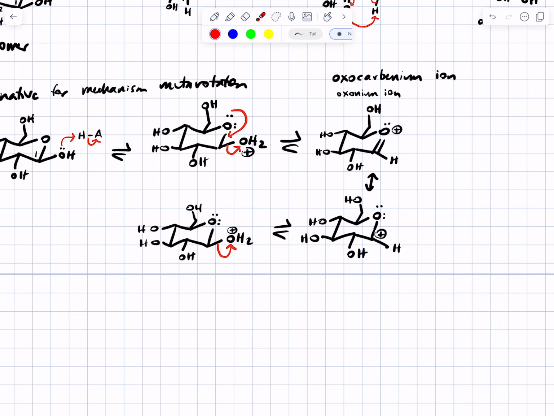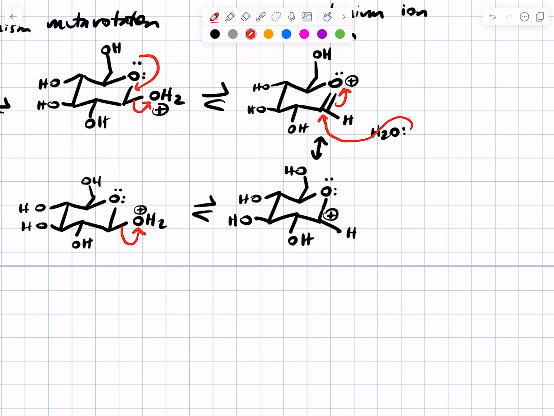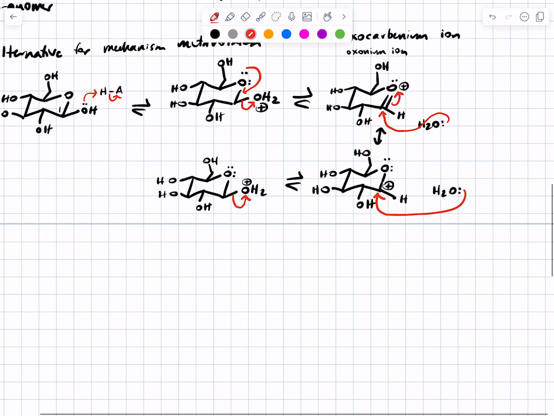All right. So then you can see where we're going when, in order to do mutarotation, we'll have water act as a nucleophile attacking the carbonyl carbon from below. If we attack the top resonance structure of the oxocarbenium ion, that's how we would do it. If we're going to do the same thing with the bottom resonance structure, we would just draw one arrow this way.